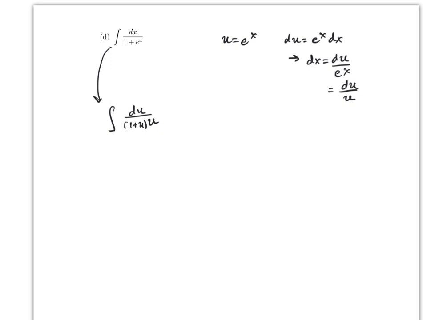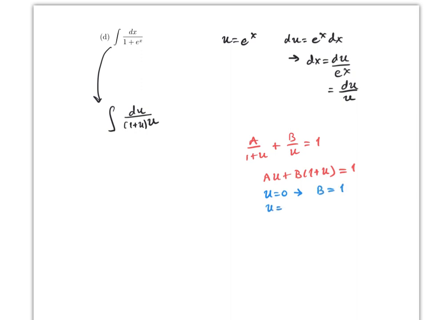So therefore, if we do partial fractions, you will need a over 1 plus u plus b over u, and this should be equal to 1. So you solve the partial fractions, you have a u plus b(1 plus u) equals 1. So if we select u to be 0, that means b is equal to 1.